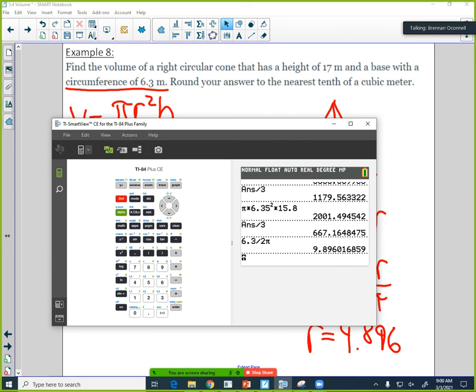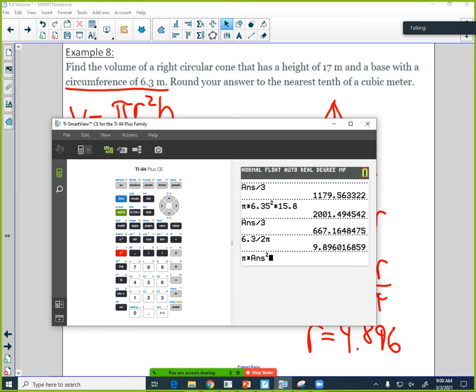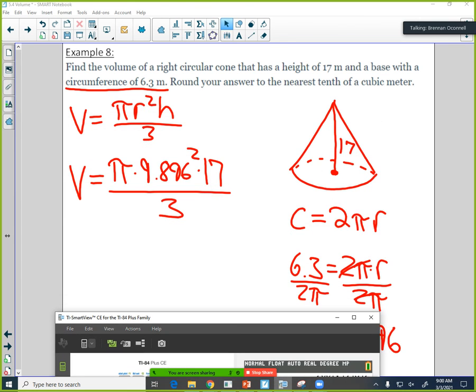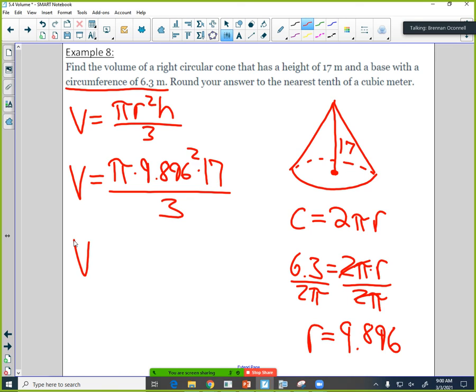And so we just have to do pi times our radius, which I'm actually going to be super accurate and put answer, squared, times 17, then divide it all by 3. 1,743.4. And then this happens to be in cubic meters.